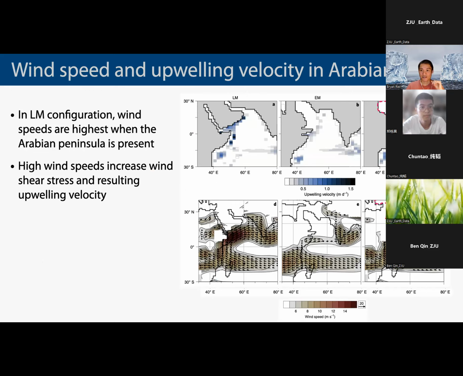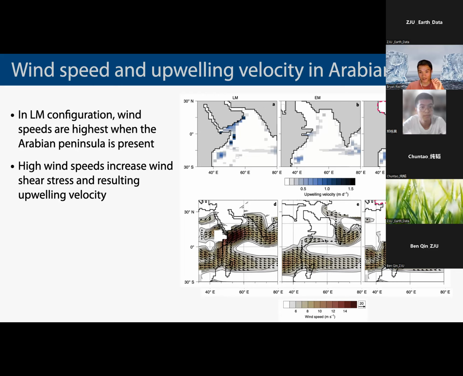So we can look at this a little bit in more detail in these plots here. Let's look at the bottom plot first. This bottom plot is showing wind speed. So you can see in the late Miocene here, you have much stronger wind speeds right off the Arabian Peninsula and the Oman coast, whereas in the early Miocene, you have very, very weak winds.